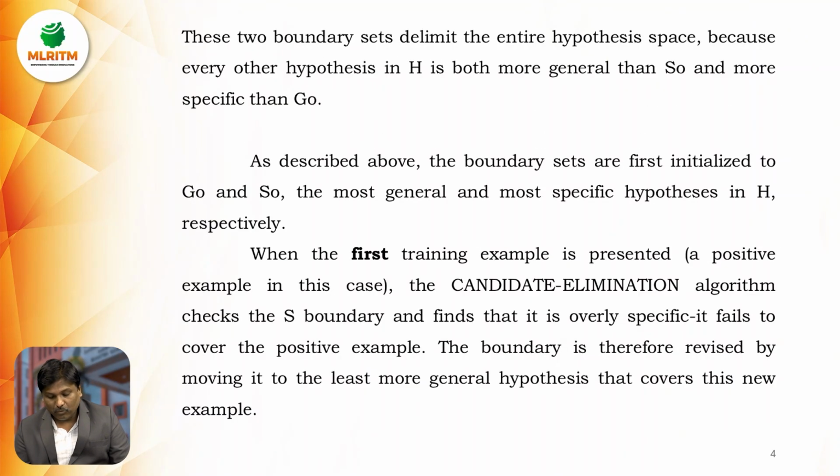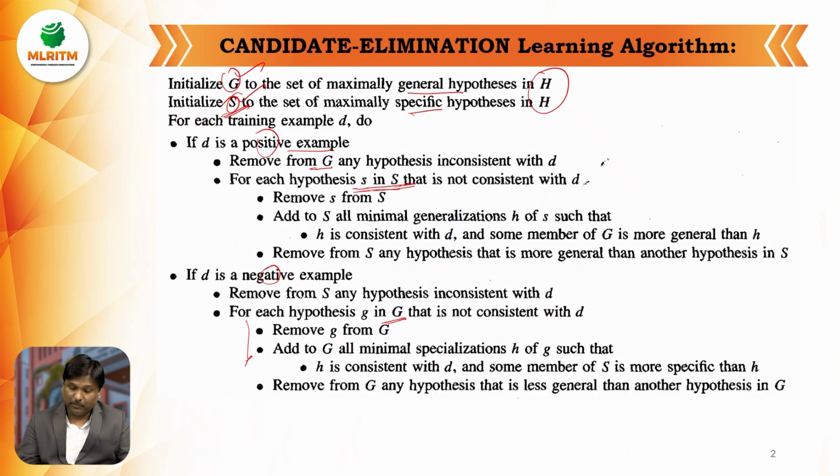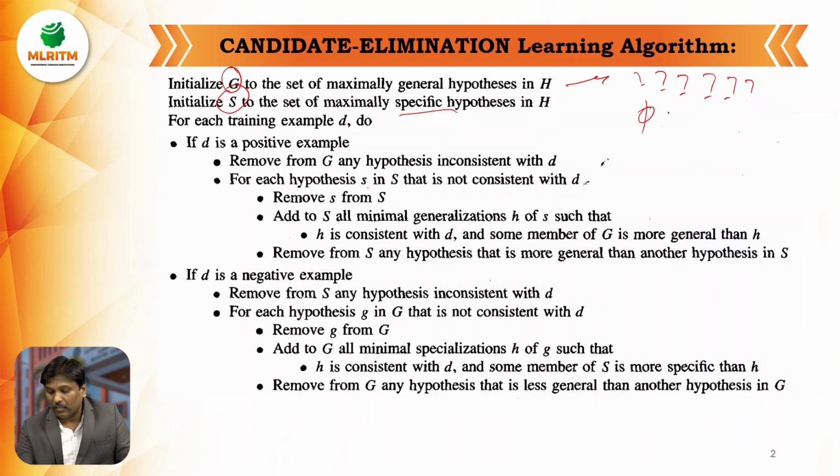Now I move on to the algorithm. What I have to do in my first step for the candidate elimination algorithm is note down two hypotheses. One is the general hypothesis G, represented by the number of question marks based on my training instances, and S is the specific hypothesis, represented by null sets.